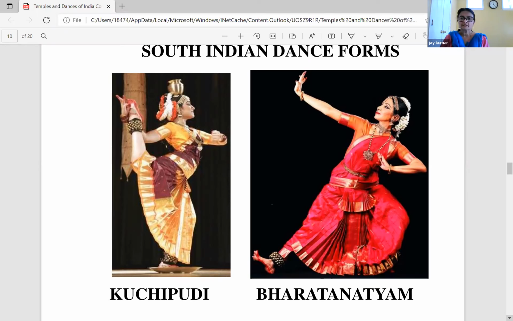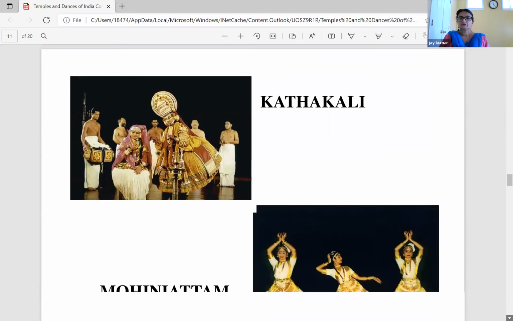The right side one is which I'm specialized in. It is called Bharata Natyam. This is perhaps one of the most taught, performed, and learned forms of dance in the whole world. For whatever reason, this has been the most popular. Next, please.